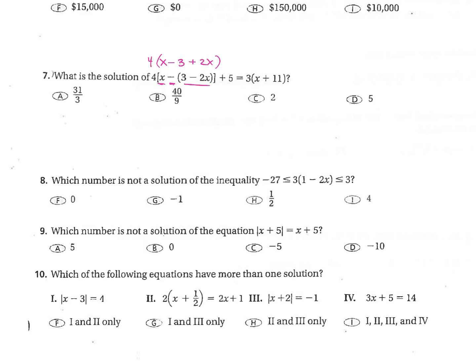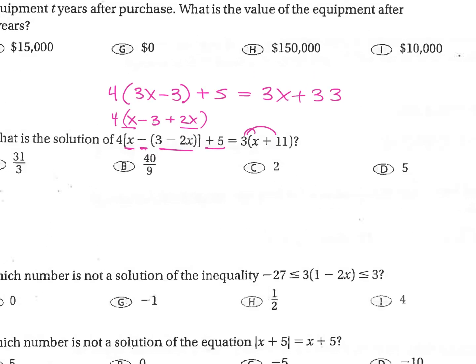And then we still have this 4 out in front. So if we simplify that, x plus 2x is 3x. So this is 4 times 3x minus 3 plus 5 back here equals, and then I would just distribute this right off the bat, 3x plus 33. And then just keep simplifying.